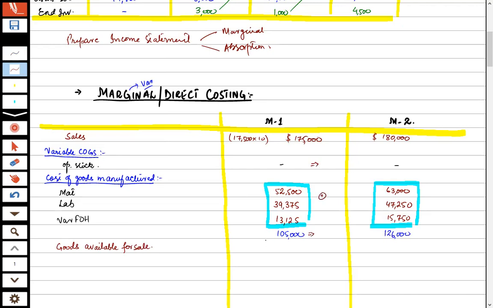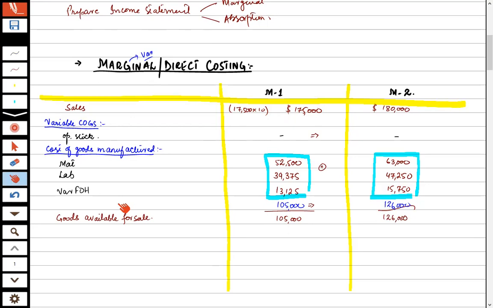So goods available for sale would be 105,000, and this would also be 126,000 because we haven't any opening inventory. Now after that we have to deduct closing stock.